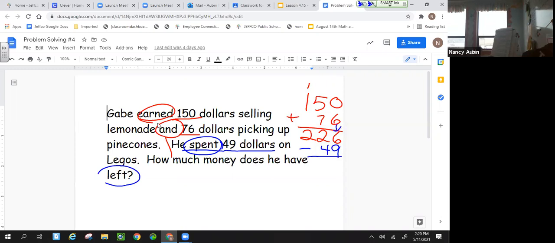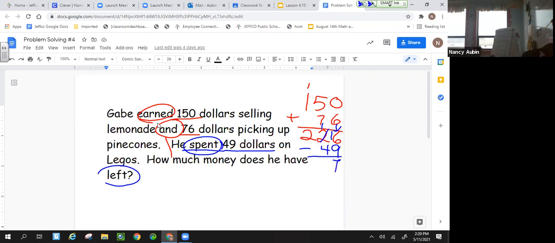So, walk me through it, Astria. 6 minus 9. Can I do that? No. So, you're going to cross out the 2, make it a 1, and make the 6 a 16. 16 minus 10 would be 6. 16 minus 9 would be 7. 7.